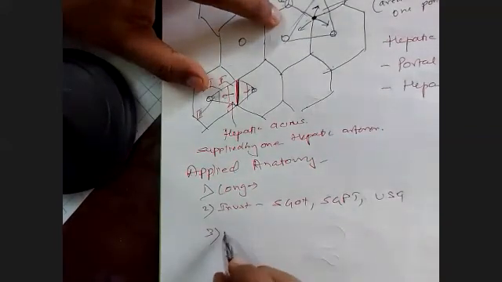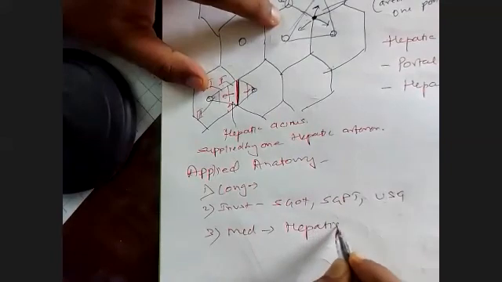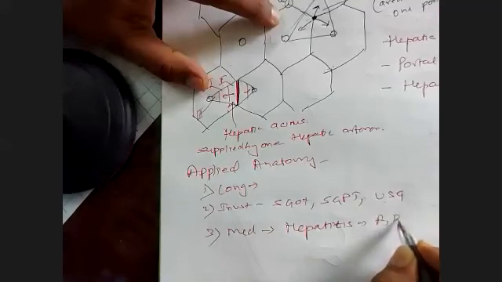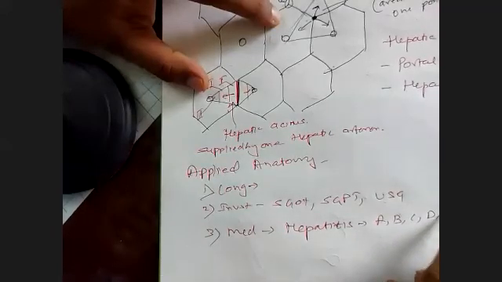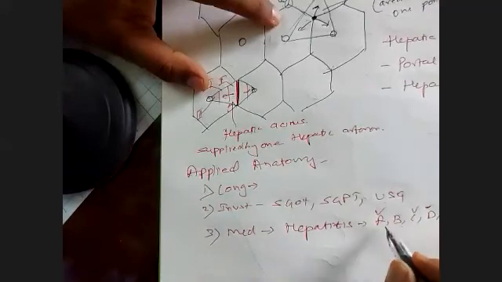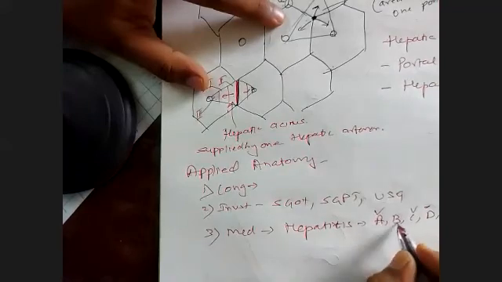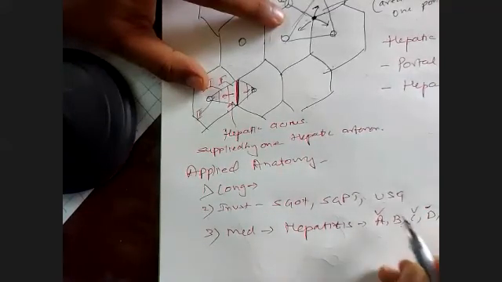Then medically, there is hepatitis, inflammation of the liver. There is hepatitis A, B, C, D, E. A is the common hepatitis, which is foodborne.